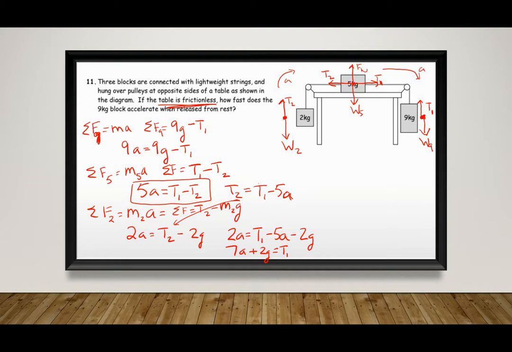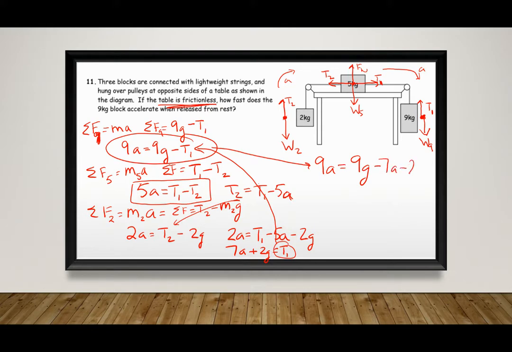And now I'm going to substitute that all the way up here. So I'm going to take this and move it over here. 9a equals 9g minus T1, so minus 7a minus 2g.